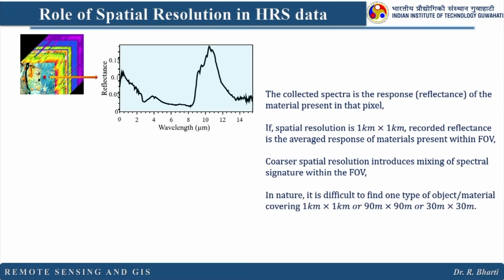In nature, it is difficult to find one type of object or material covering 1 by 1 kilometer, or 90 by 90 meter, or 30 by 30 meters, right? Why? Because in nature the objects are changing, maybe slowly or maybe drastically, but it is very difficult to find one type of object present in 1 by 1 kilometer, right?